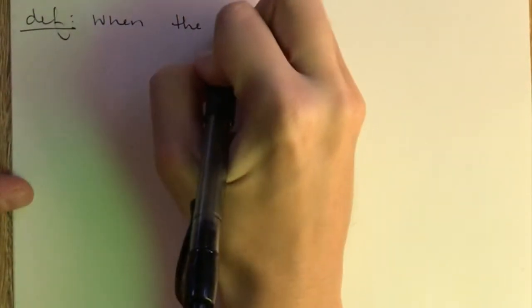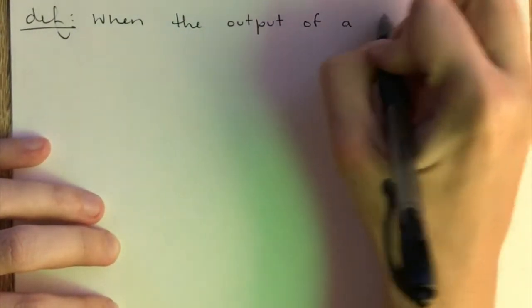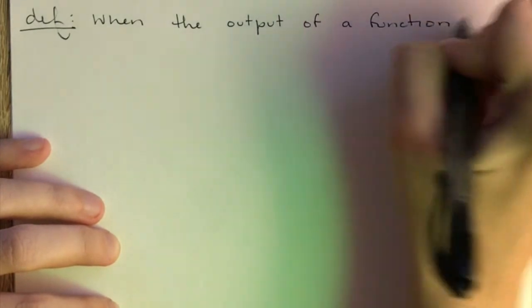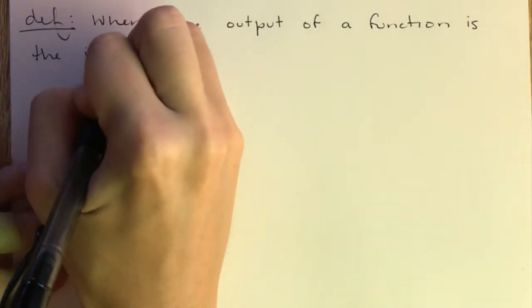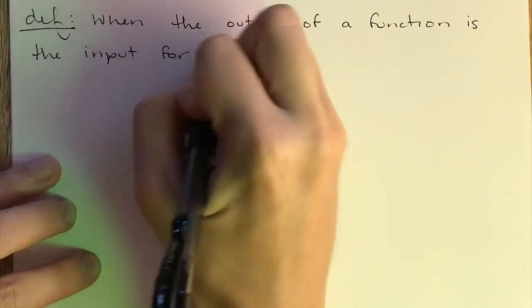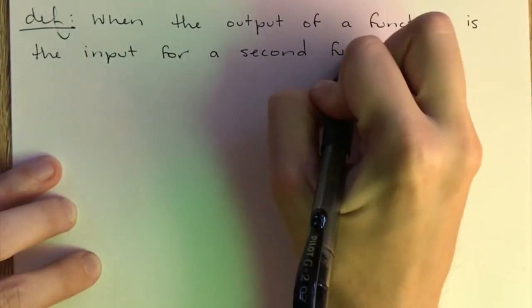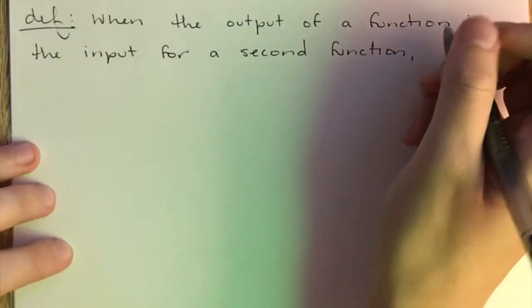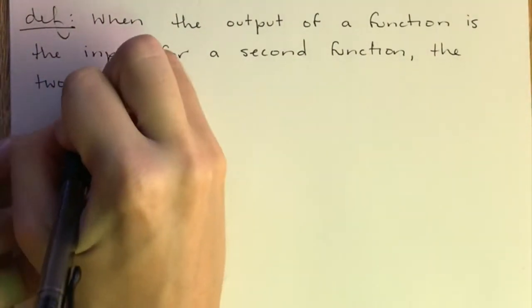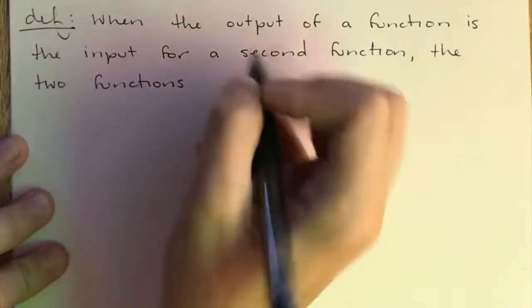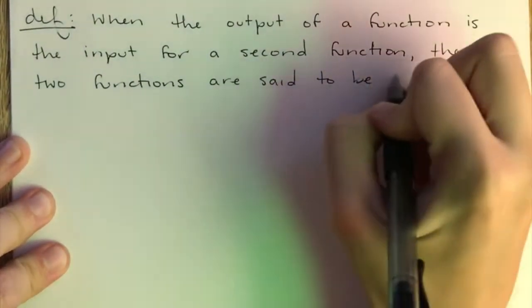When the output of a function is the input for a second function, the two functions are said to be composed.